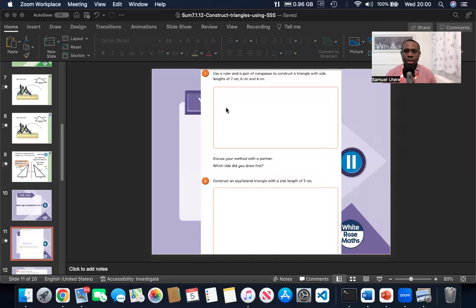So 7, 6, and 4. All right. So we want to construct a triangle with sides with lengths of 7, 6 and 4. So I'm going to share my screen. Let's share the desktop.